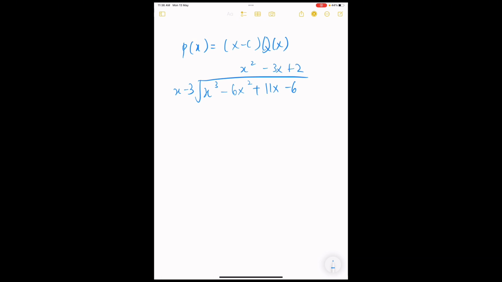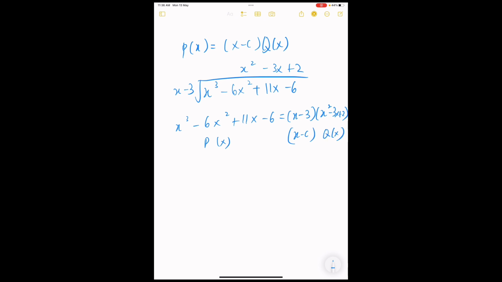This can also be written as x cubed minus 6x squared plus 11x minus 6 is equal to (x minus 3) multiplied by (x squared minus 3x plus 2). It is the same. So you know that this is your P(x), this is your x minus c, and this is your Q(x).